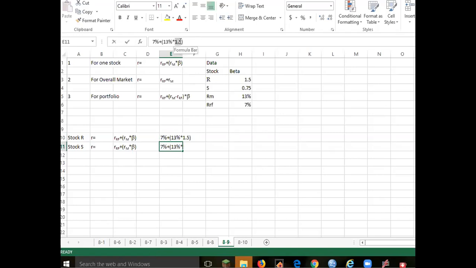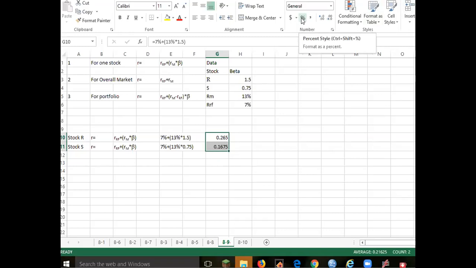And for stock S, we have the same data except the beta. The beta is different. So in the next step, we are going to calculate it, and it should be in percentage.